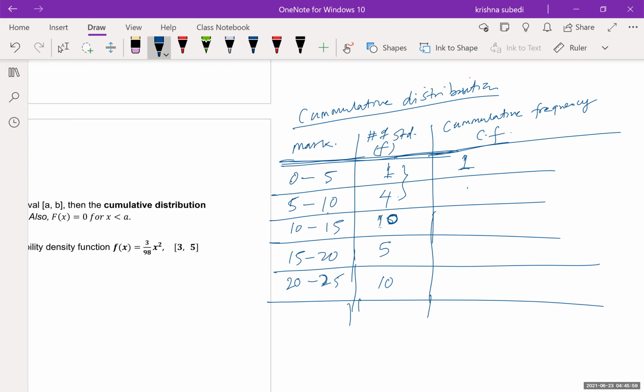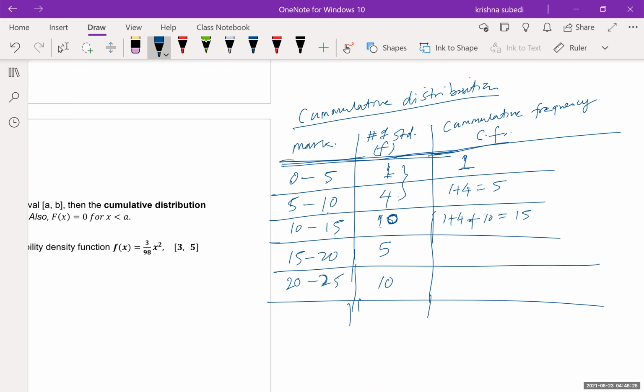You add 1 plus 4, which gives you 5. Cumulative distribution for this place is all the students who score between 0 and 15, so you add 1 plus 4 plus 10, which is 15. That's how we find the cumulative frequency.